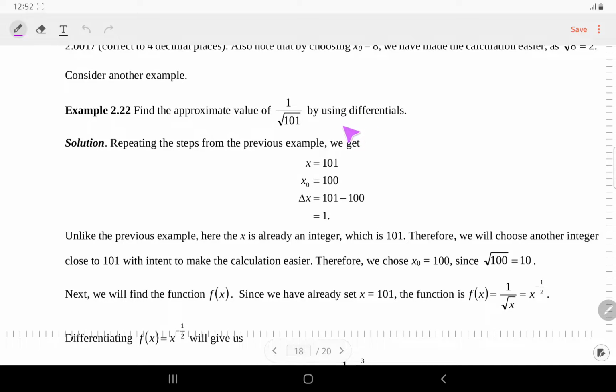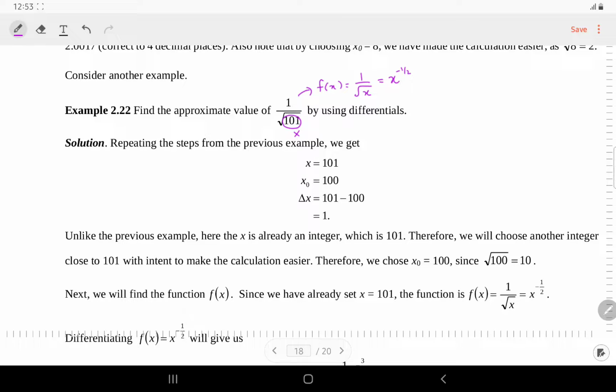So we determine our x as 101, so this function will be 1 over square root x. This is our function, which is equal to x power of negative 1 over 2.